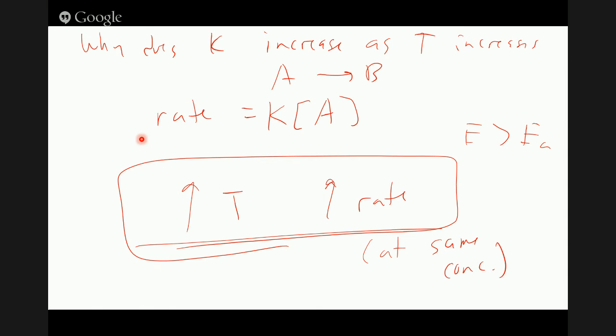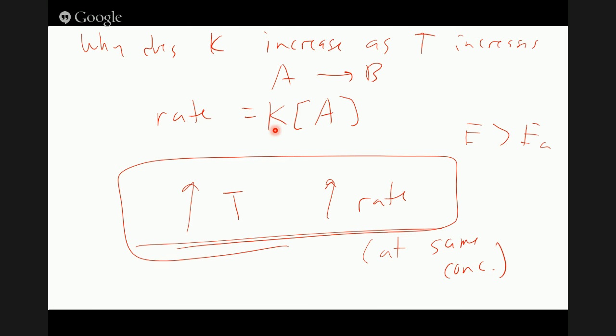Well, if I'm looking at this equation and the concentration of A is staying the same, if I increase the temperature, I increase the rate. If the rate is going to increase, then K has to increase. So if I keep the concentration of A the same, but I raise the temperature, if the rate's going to go up, based on this mathematical relationship, K will have to increase.